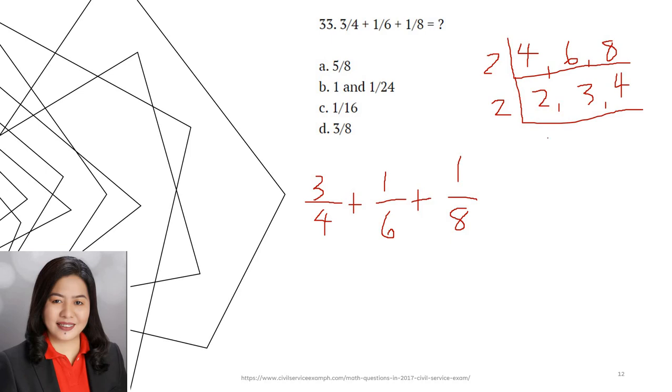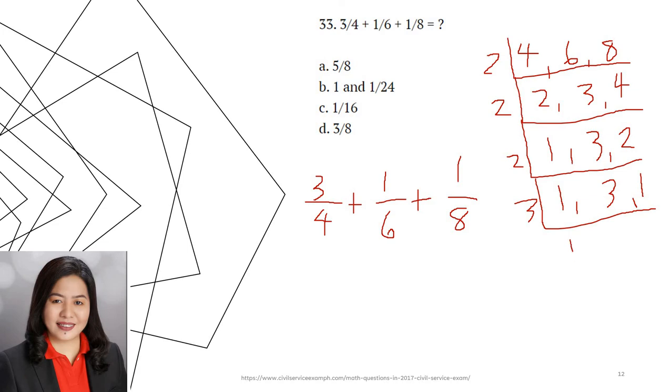So 2 divided by 2 is 1. 3 cannot be divided by 2, so you just bring it down. 4 divided by 2 is 2. And we'll have the next 2. We bring down 1, bring down 3, and 2 divided by 2 is 1. And lastly, we have the 3. Bring down 1. 3 divided by 3 is 1. And 1. Bring down 1.